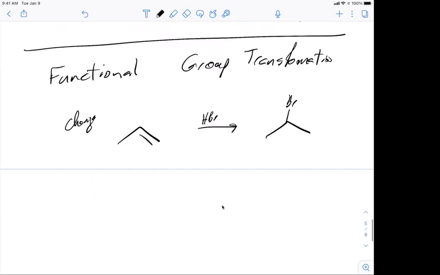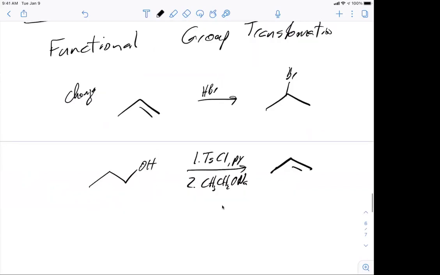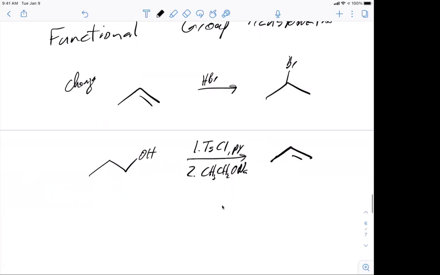We could turn an alcohol into an alkene, right? So we've been looking at this, and actually this is most of the reactions you've learned, right, is functional group transformation. But we can also have relocations.